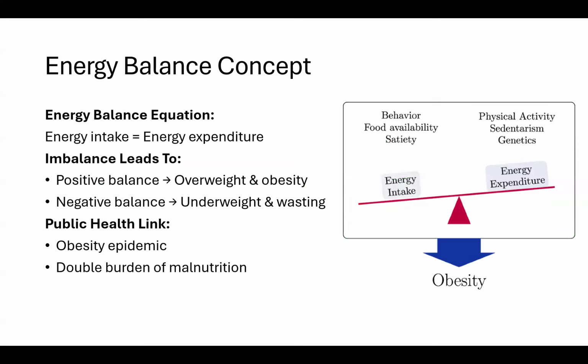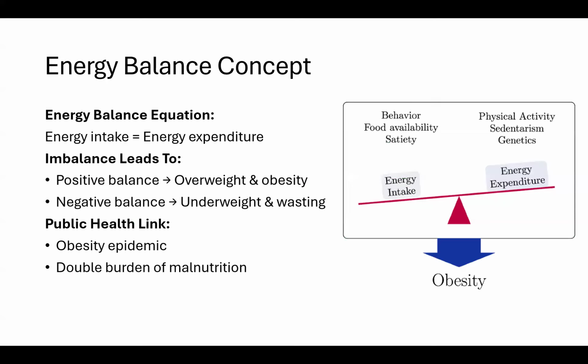Now we come to the concept of energy balance. So we have an equation of energy balance, which means that energy intake is equal to energy expenditure. And if there is imbalance, it leads to positive balance. Then a person will be overweight and obese. And if there is negative balance, a person will be underweight and wasted. For public health, this link is important.